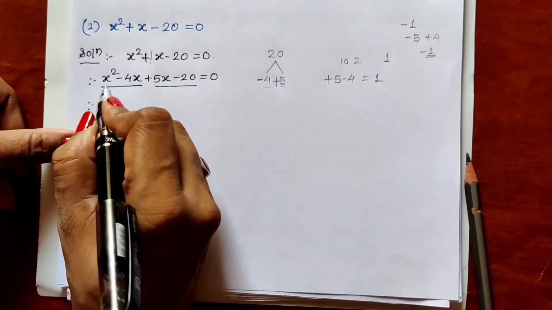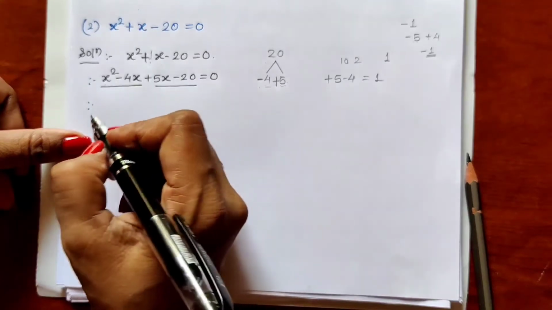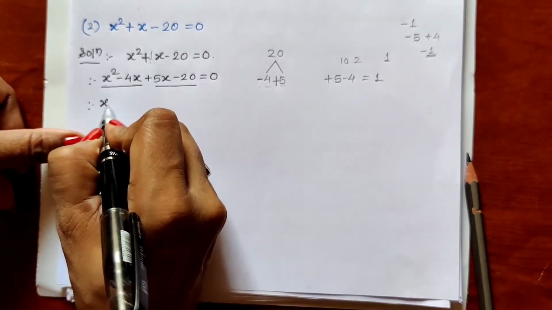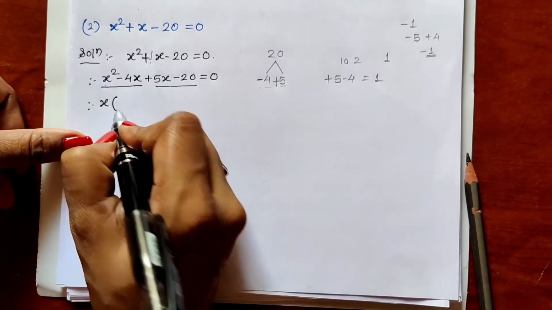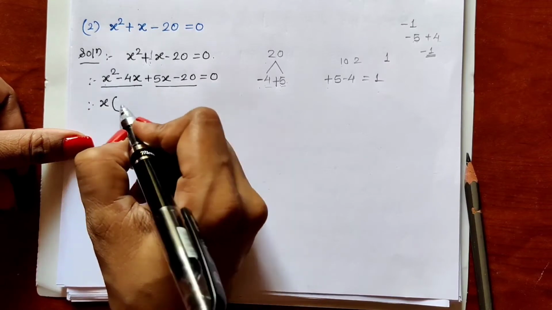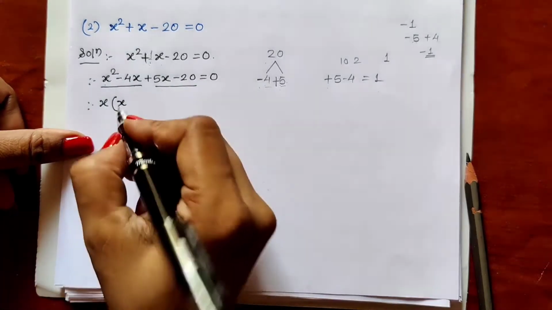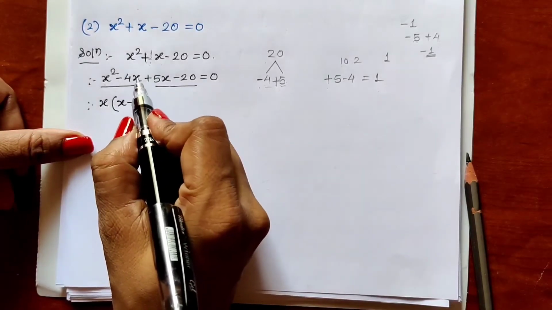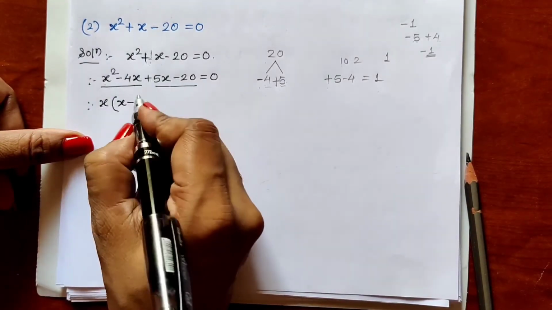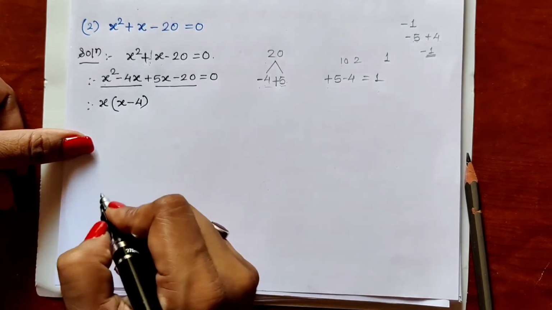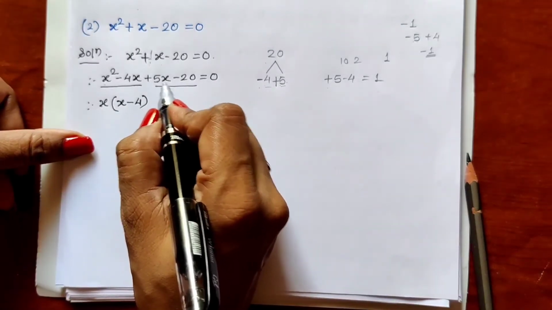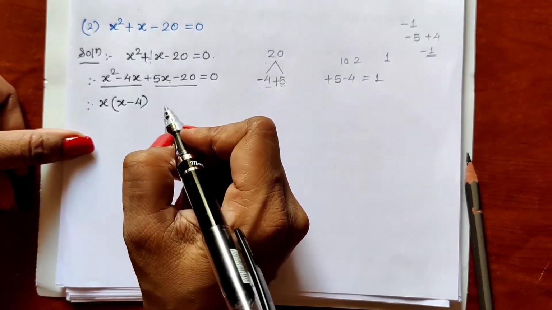In the first and second terms, as we did in the first sum, we will take out x common. From the first term, when x is taken out common, x is remaining because x square is there, and the minus sign. From the second term, when x is taken out common, 4 is remaining, bracket close. From 5x and 20, what is common?